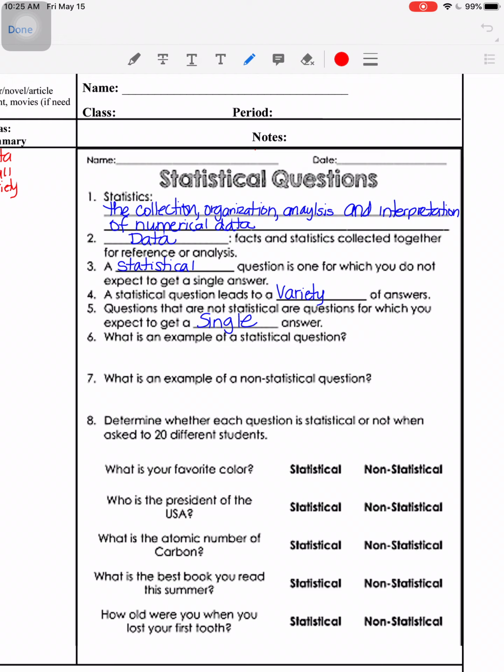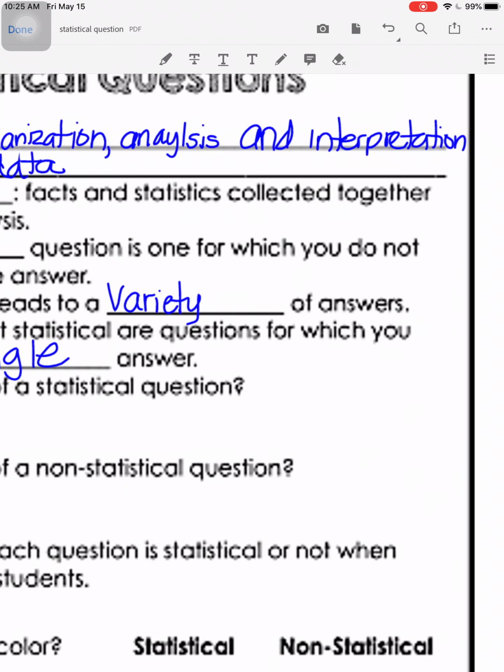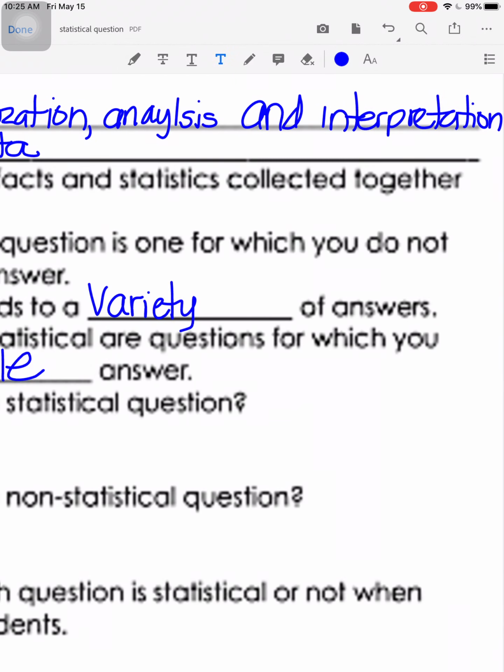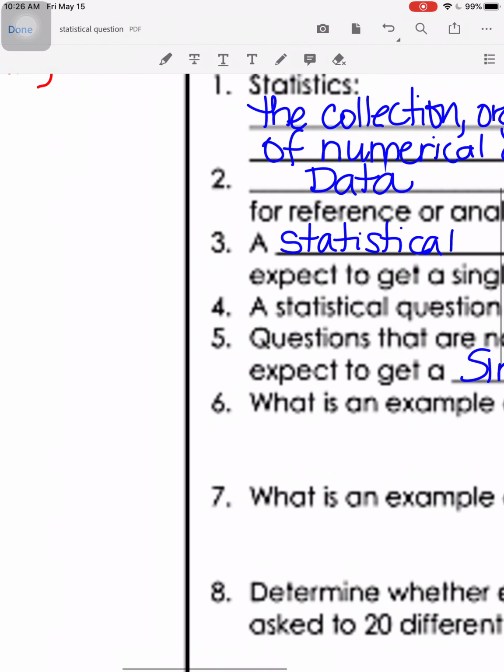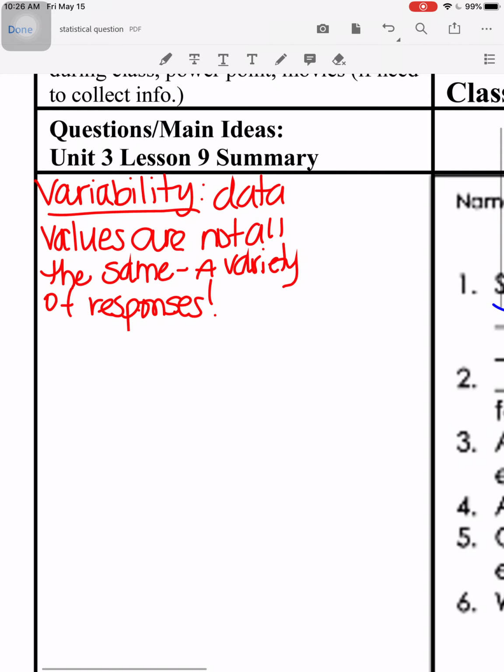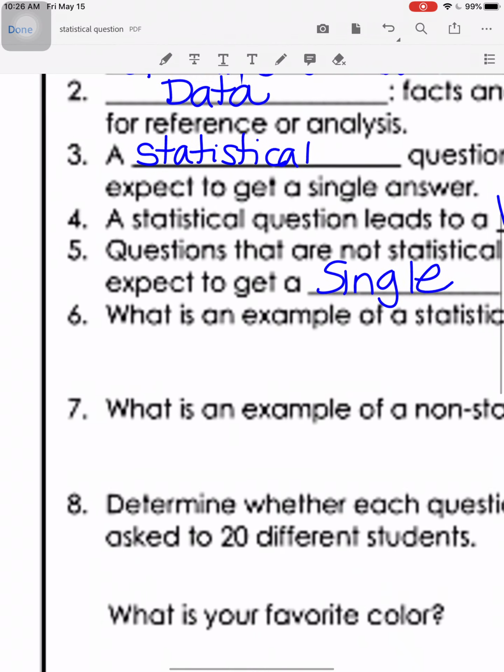Because it leads to a variety of answers, we say that question has variability. Variability is data values are not all the same. So you get a variety of responses.